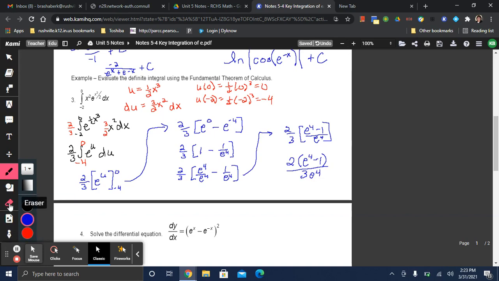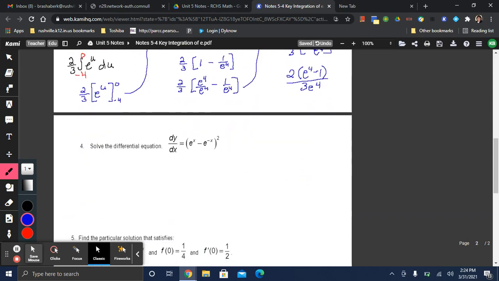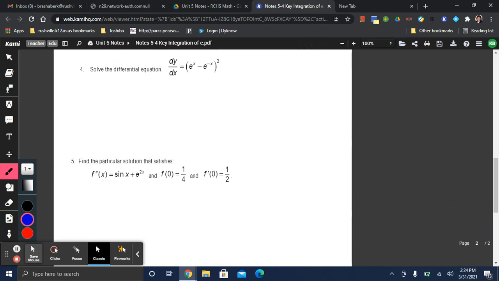And that would be how we'd like to have your final answer end up on an answer with e in it. Okay, so that's a definite integral. We'll continue on to the back where we will solve a differential equation. So if you'll turn your papers over, we'll move to the back.